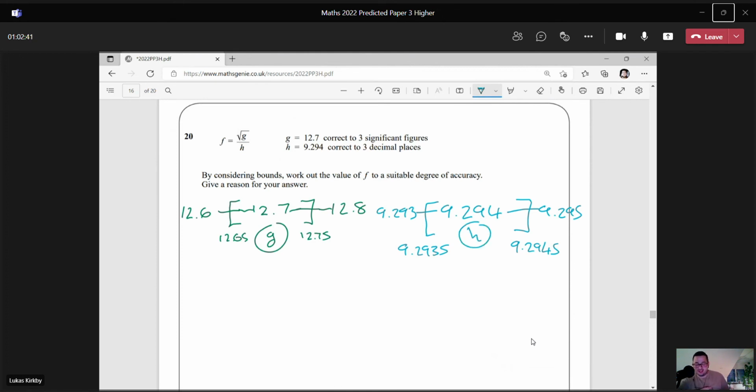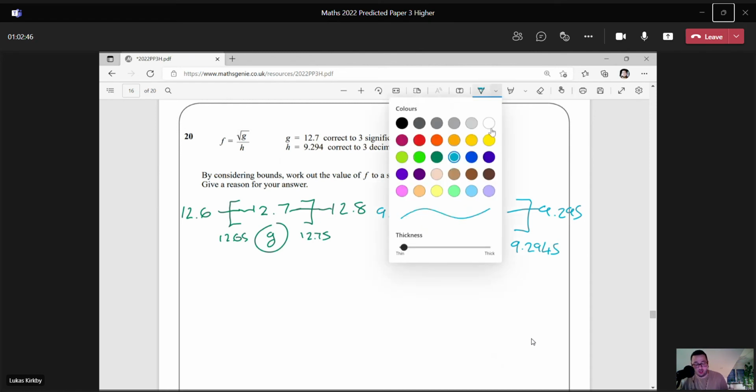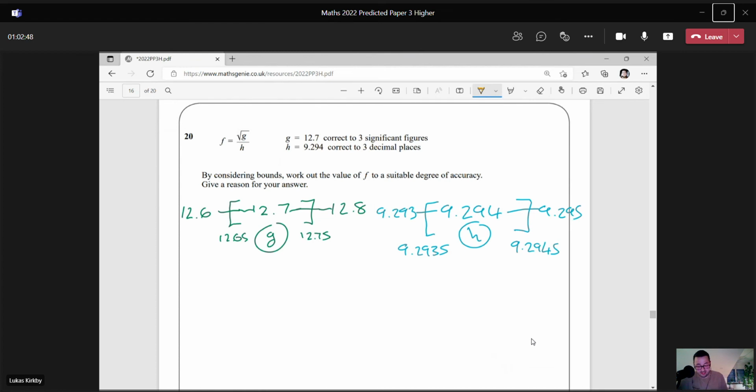Okay then, so now we want to think about the value of F. What's F going to be? So let's think about the lowest it could be and the highest it could be. So F lower bound, FLB. Now when is this going to be smaller? Well, this is going to be smaller when G is smaller, but when H is bigger, because if you're dividing by a big number, you're going to get a smaller number. So this is going to be G lower bound, and it's the square root over H upper bound.